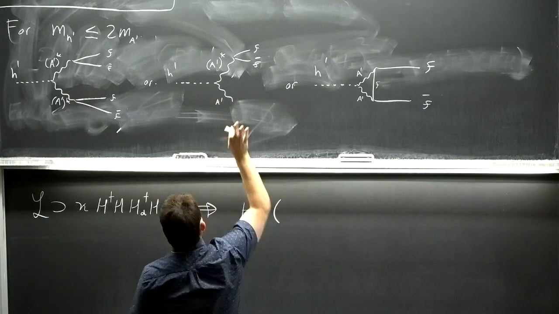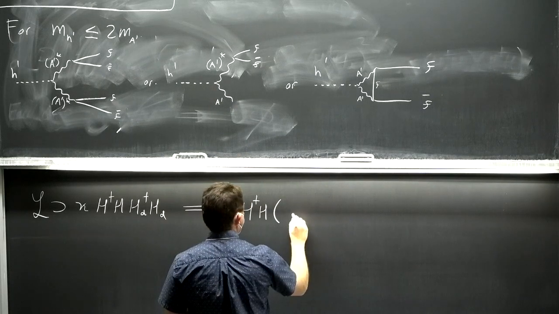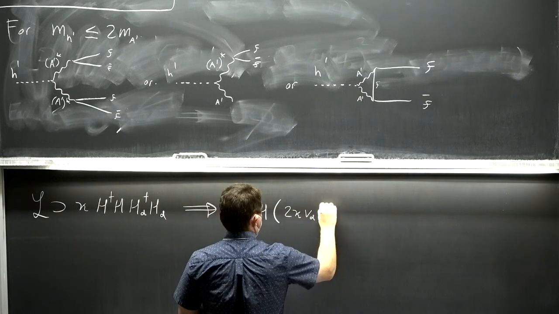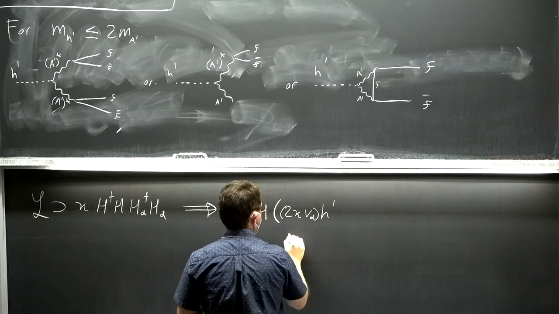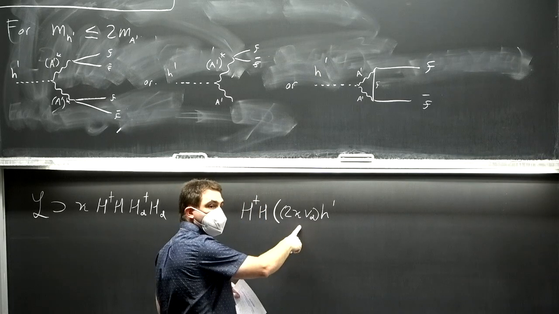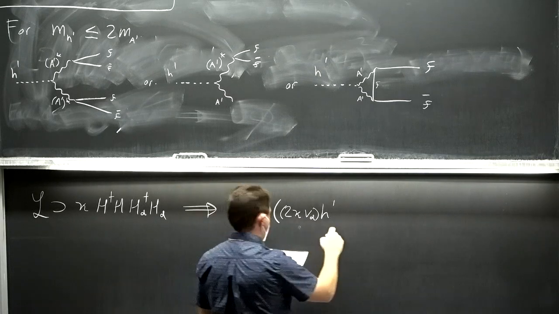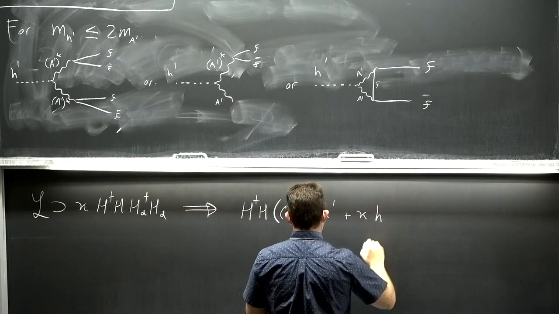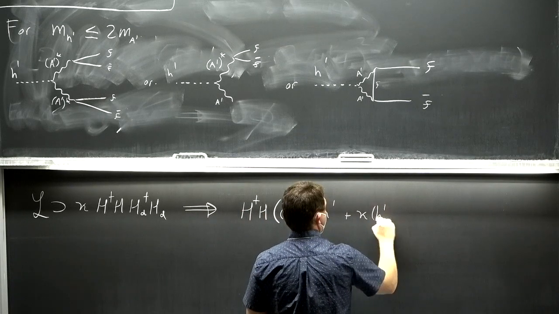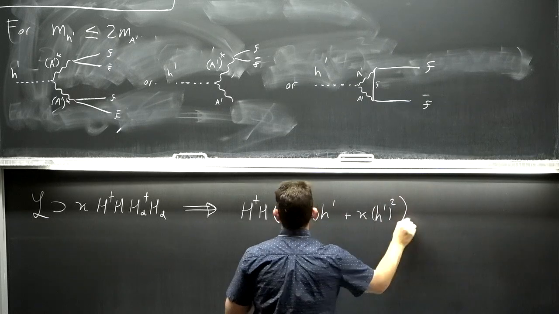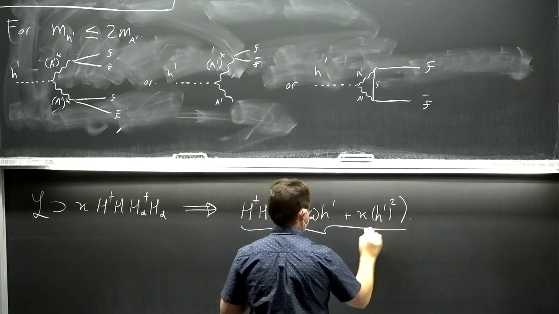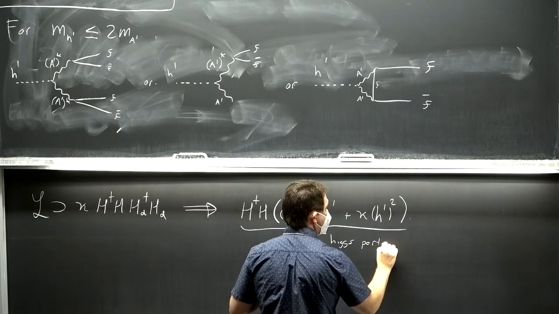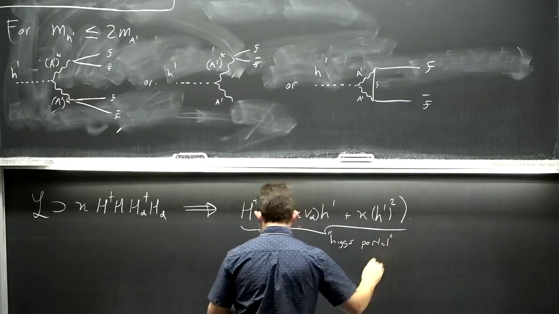So using the notation of our previous Lagrangian, we have a term 2 kappa V dark H prime. So this is the dimension 3 operator, and this is the mass scale associated with it. And then we have our kappa H prime squared.